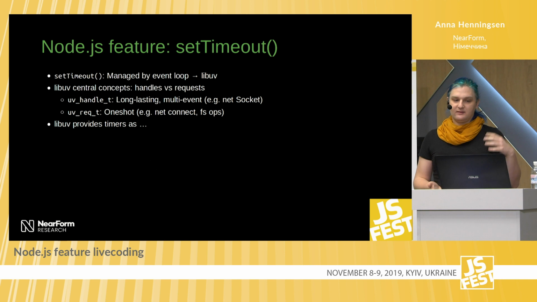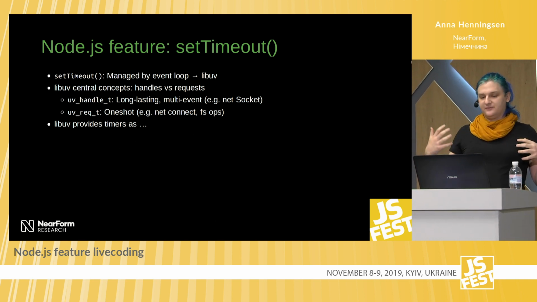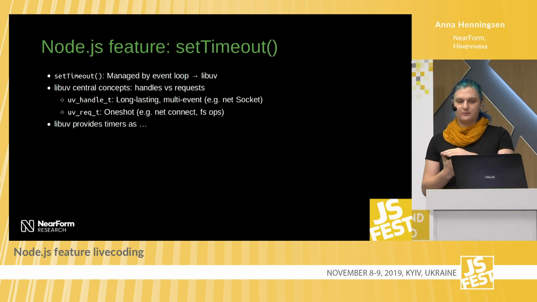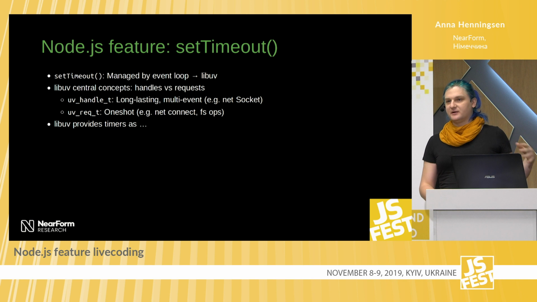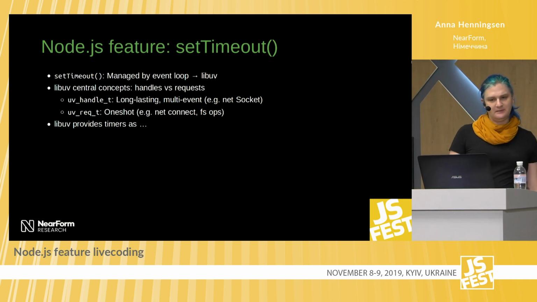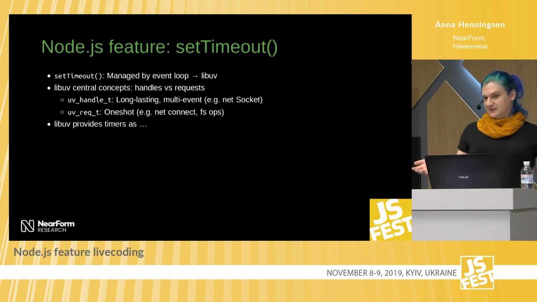And the other thing, this request thing, you can think of as an asynchronous function call. So it's something that is called once, and it has exactly one result, like connecting the network socket, reading something from the file system, scheduling some asynchronous work, for example, for zlib compression, we use that.